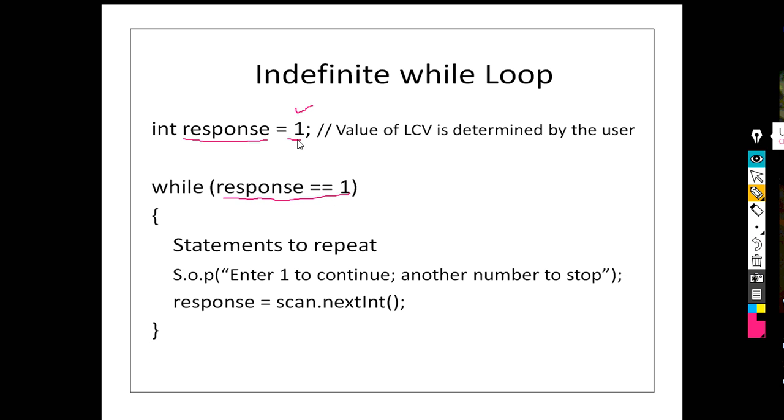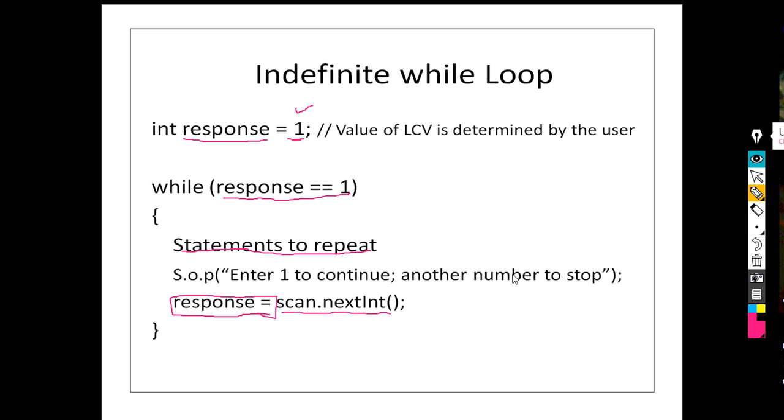Typically it's just a straight choice: either the user types 1 or something else. 1 says, okay, let's go through the loop. So you have statements that you're going to repeat in the program, and then you have a prompt here: enter 1 to continue, another number to stop. And the next line, of course, has to read it and store it in that loop control variable.